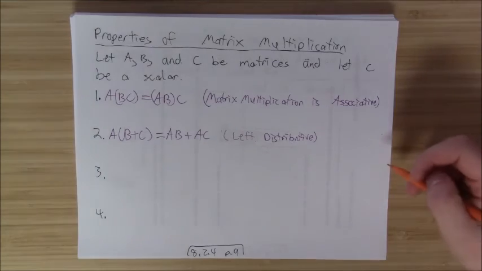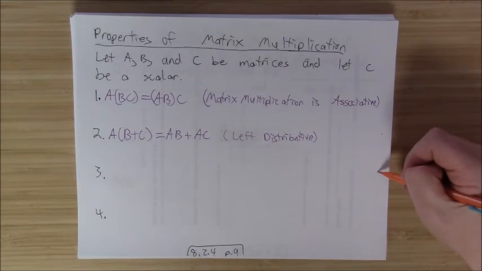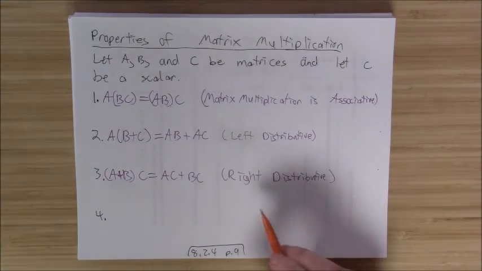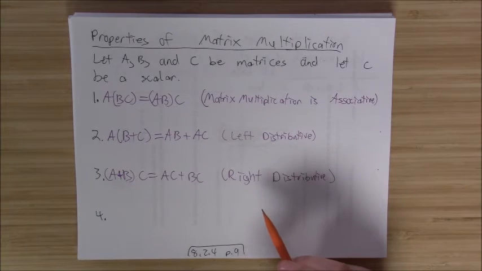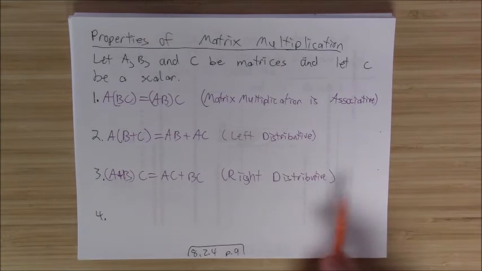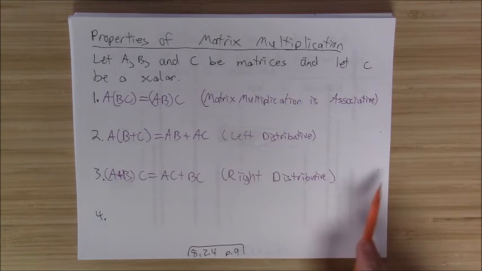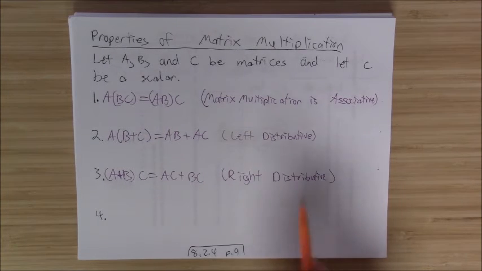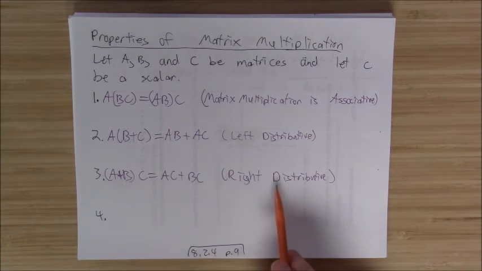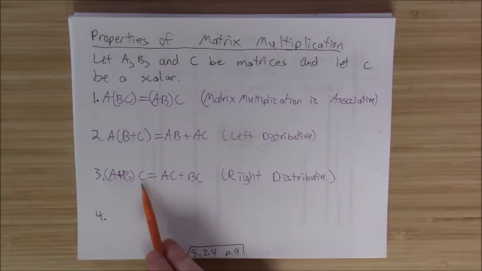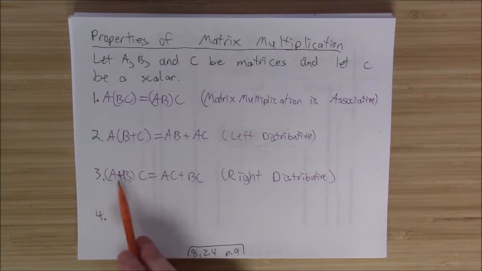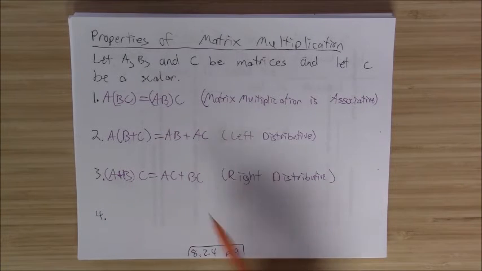We also know similarly that matrix multiplication is right distributive as well. Namely, if we multiply by C on the right, we get (A plus B) times C equals AC plus BC.